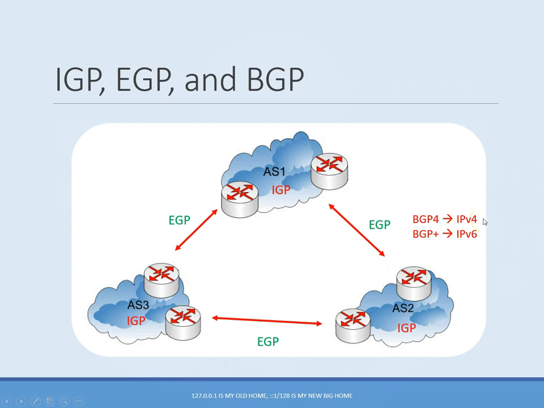We have two versions, BGP-4 for IPv4 and BGP plus for IPv6. Actually, this is beyond our lesson because it is under the responsibility of the ISP. So we will only focus on the IGP, Interior Gateway Protocols.